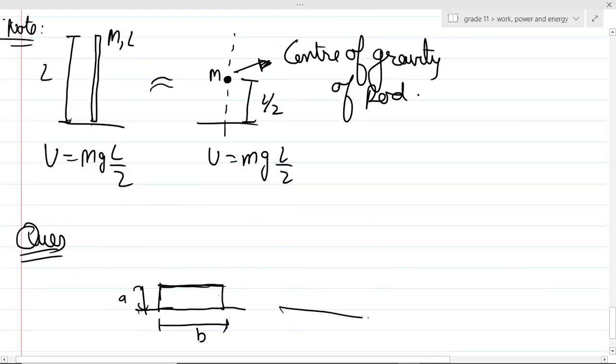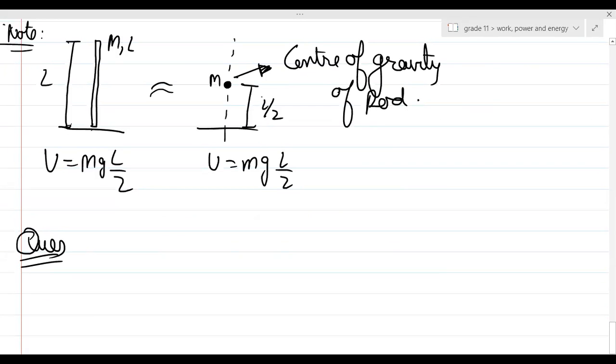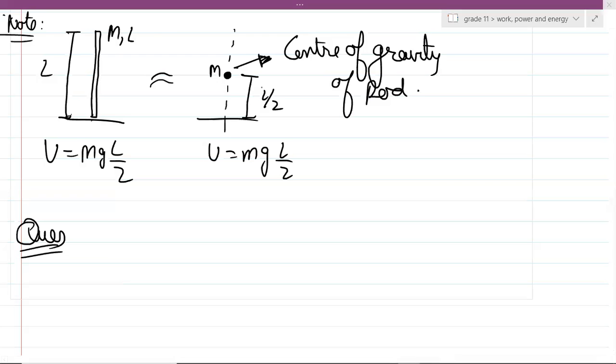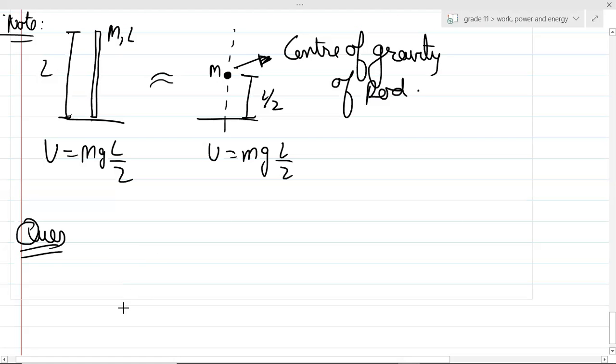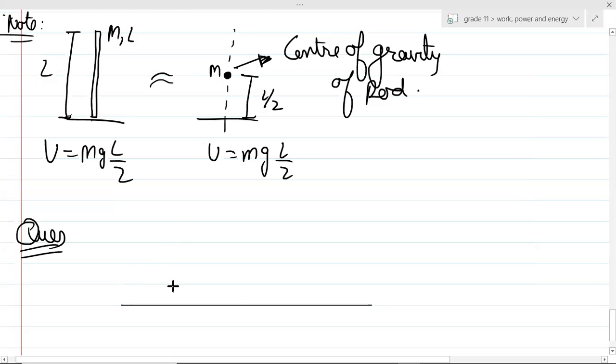After this, what did I do? Let me draw it normally. This is the brick.